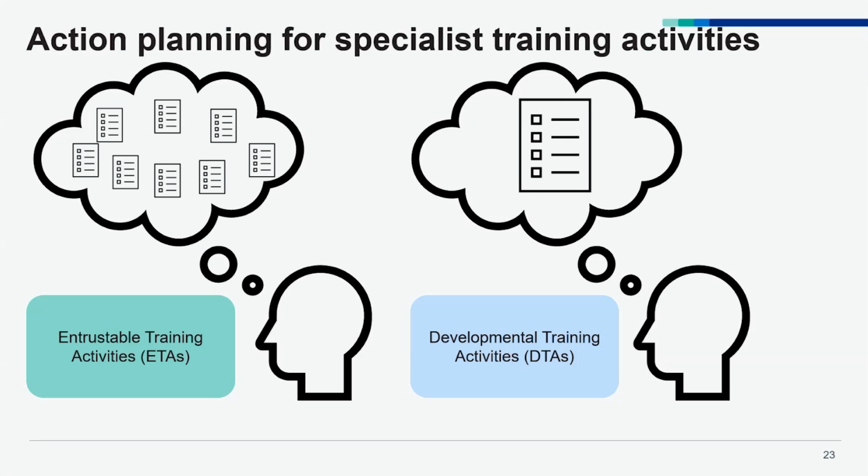You're identifying areas for future development, and that action plan for the DTA won't necessarily be satisfied within the STP even, because you might not come across the situation again. So it's for the medium to long term more. Hopefully that makes sense, what I'm trying to illustrate there.